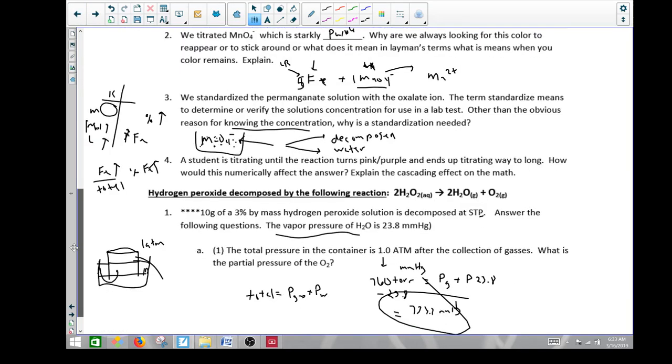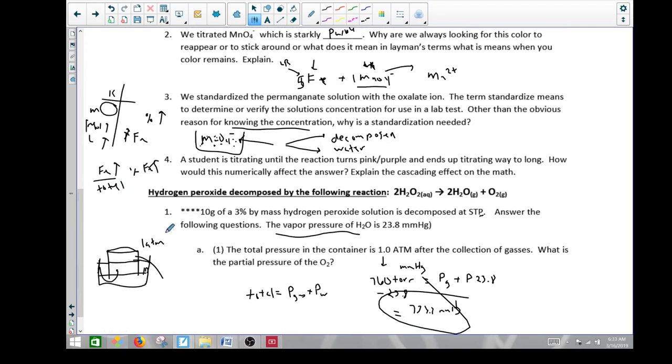It says a 10-gram sample of 3% by mass hydrogen peroxide solution is decomposed via the equation provided. Answer the following questions, and the vapor pressure of water is given. So the first question wants the total mass of actual hydrogen peroxide. Well, we have 10 grams, and it's 3% by mass.